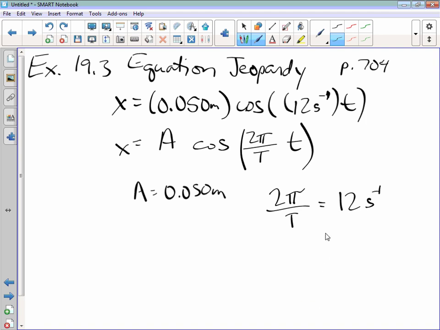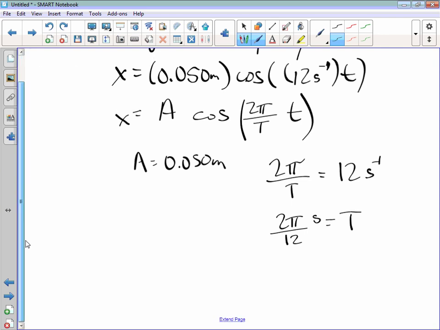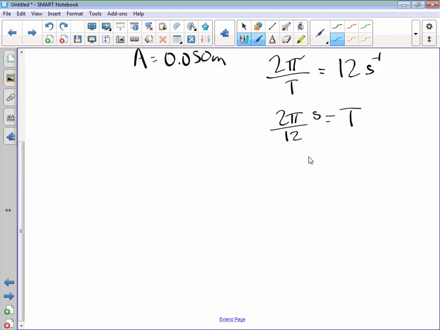If we were to solve this for T, we end up essentially switching spots, so that our period is 2 pi over 12 seconds. Well, 2 over 12 doesn't look very neat. We should do it as pi over 6 seconds. That would be our period.